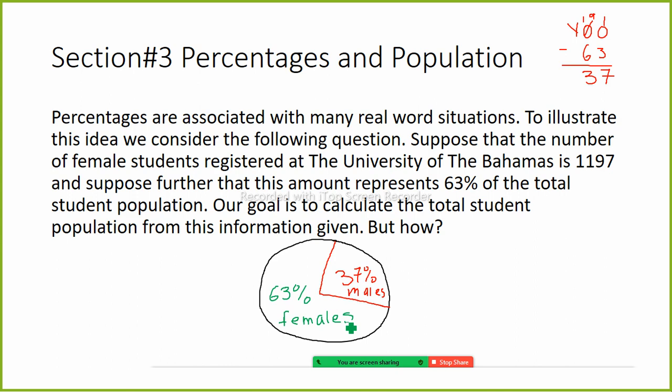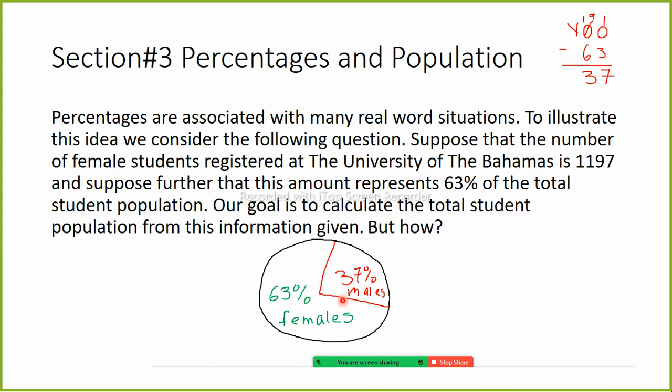I remember in some classes I was the only male inside the class when I was in university. So sometimes it's like that. So there are 63% females, way more females than males.